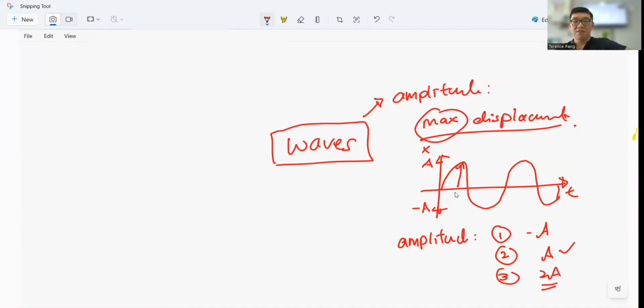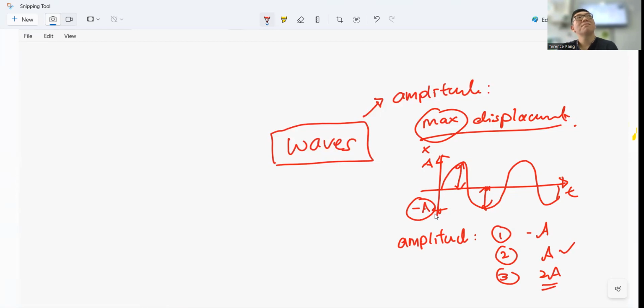So this is what you should be looking at only. You can't go all the way down. Whereas this, if you take the magnitude, you still get the same value. But you shouldn't add the two values together. There's only just one value. So amplitude is a maximum displacement.